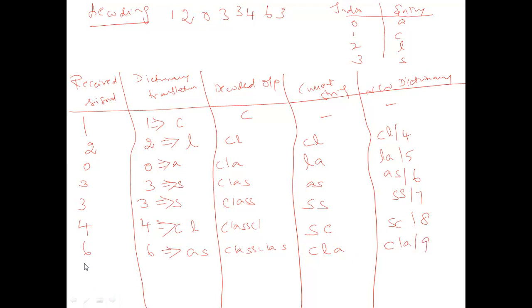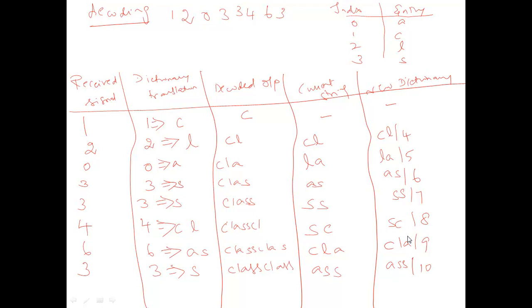Finally 3. 3 is translated as S. So the final decoder output is CLASSCLASS. The current string is the previous translation AS plus the first letter of the present translation, S. So ASS is updated in the dictionary with index 10.